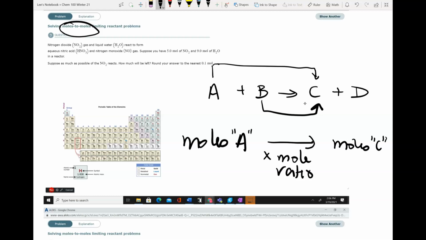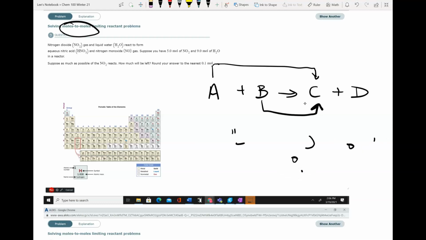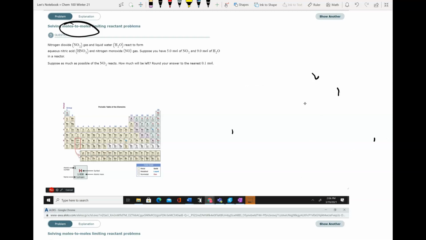So in each case, we're going to be taking a certain number of moles of reactant, multiplying that by a mole ratio, and getting moles of a product. And we're going to do that at least twice in order to identify our limiting reactant. So what we've got to do is get a balanced equation. There are a couple of ways of getting a balanced equation. You can, if you want, even look up online equation balancers that will help you figure this out. So keep that in mind.